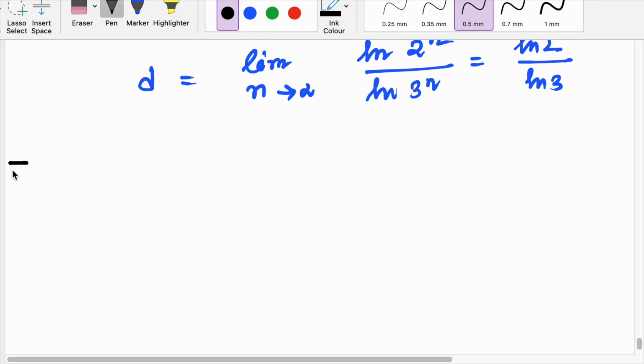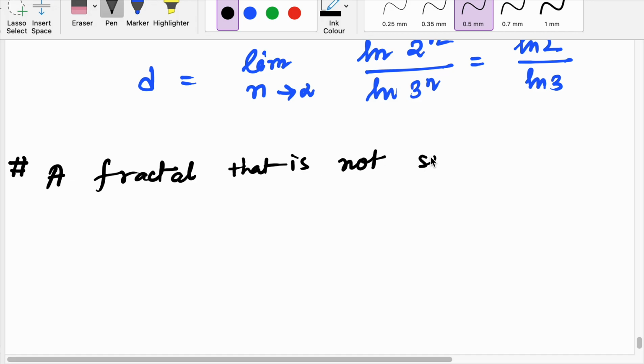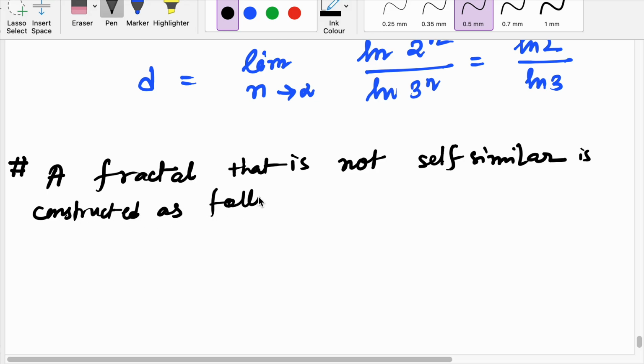Now let's go one step beyond. Let's give an example which is not self-similar. A fractal that is not self-similar is constructed as follows.